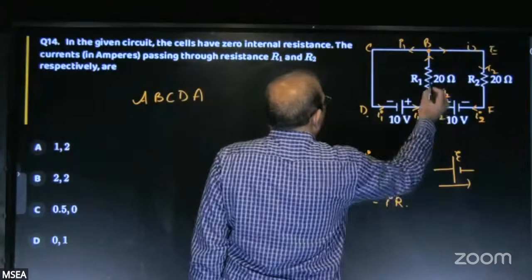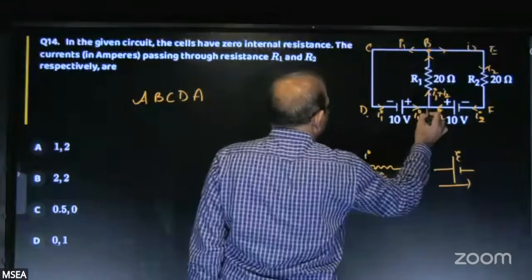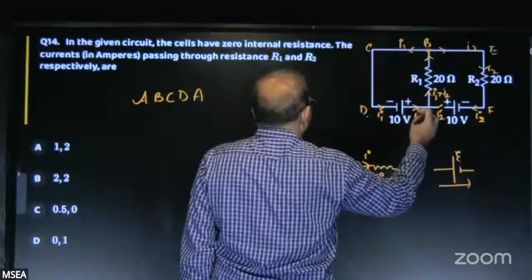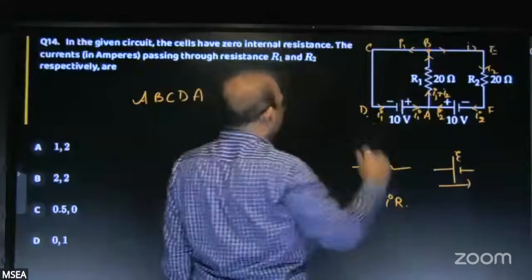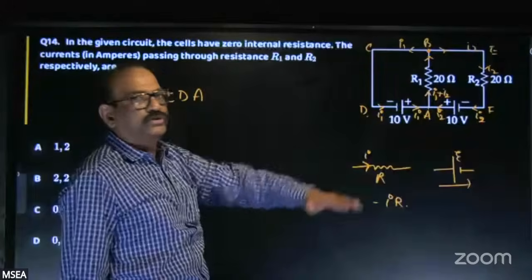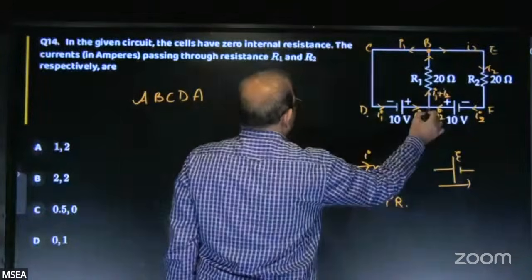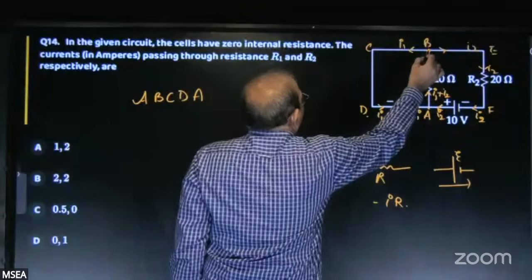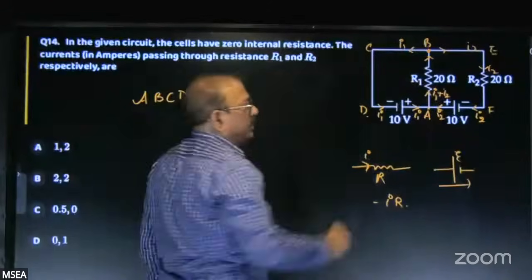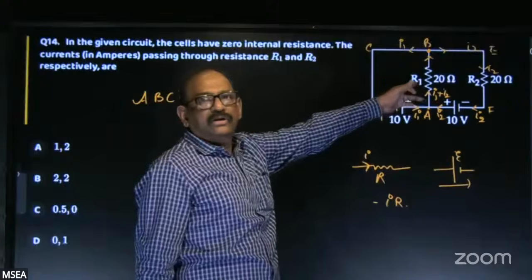Start from A, go to B, then to C, then to D, and come back to A. Travel along this and write the algebraic sum of EMFs and potential differences and equate that with 0. So let us start from A, move up to B. What is there between A and B? Resistor is there.